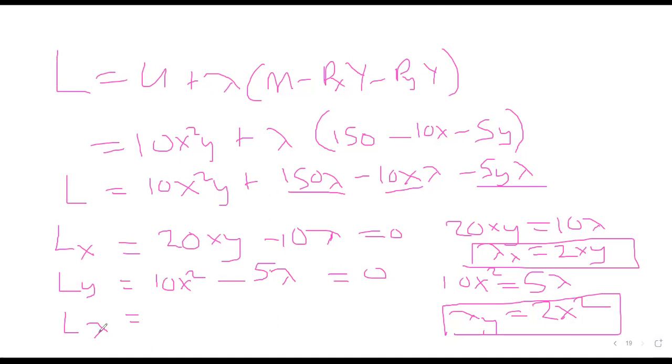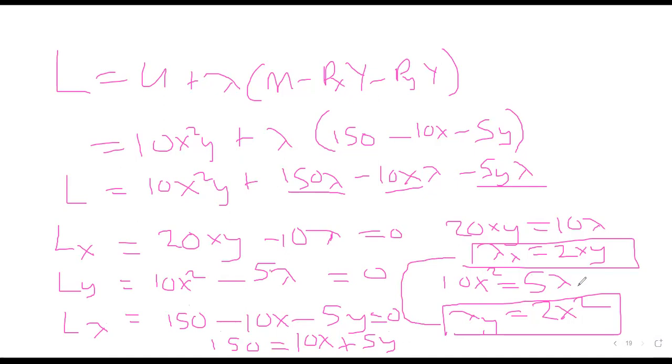of course, when you differentiate with respect to lambda, we're simply going to have 150 minus 10x minus 5y. When you equate this to 0, we're going to have the budget line: 150 is equal to 10x plus 5y. So let's equate these two lambdas. The lambda for x is 2xy and the lambda for y is 2x².